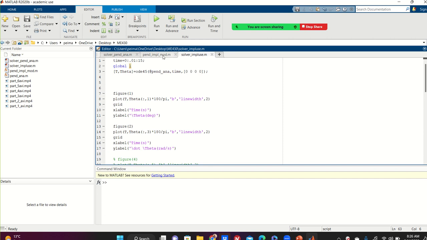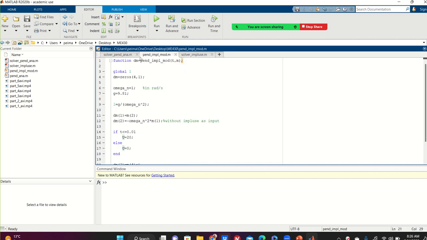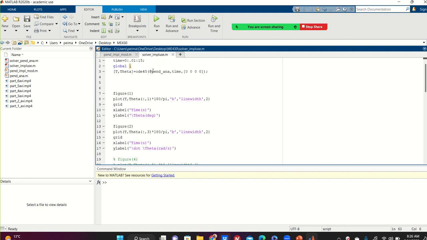I have to change the name of this, and call the previous one as a solver. I have to solve this. There we go. Let's see what happens.